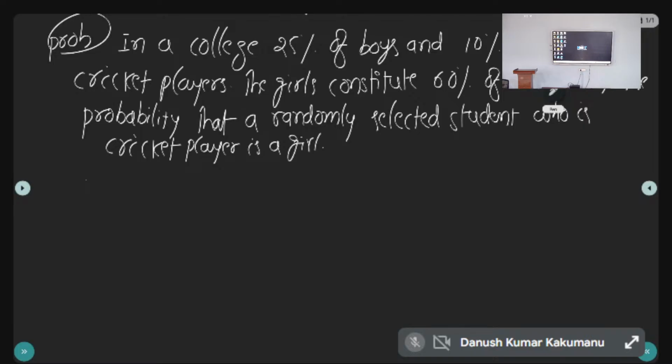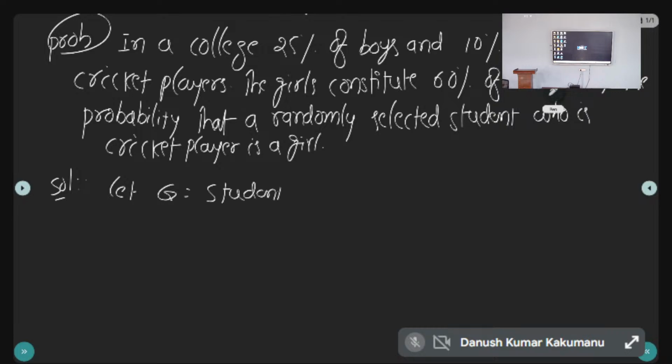So what is given here, do one thing. Just for clarity, here also I don't want to apply Bayes theorem. Later I will apply Bayes theorem too, with and without Bayes theorem. Solution. Let G be the event that the student is a girl.